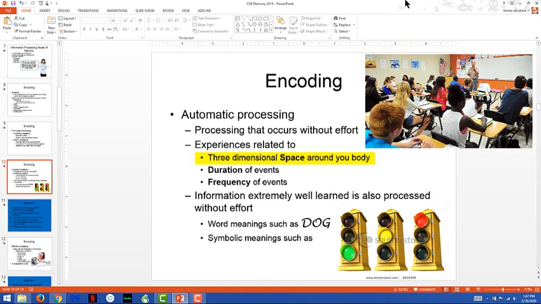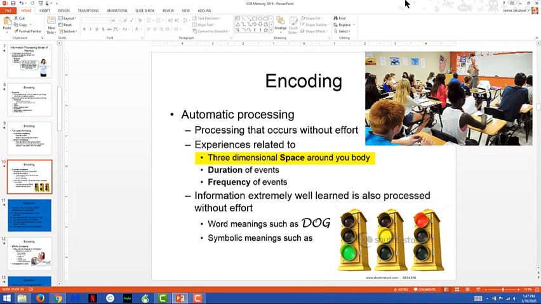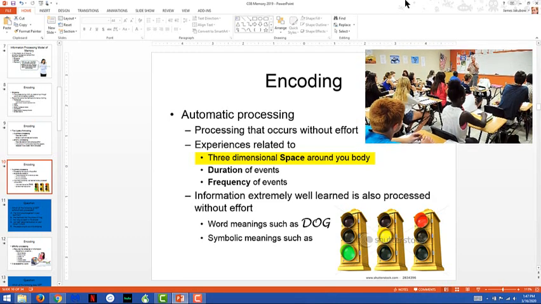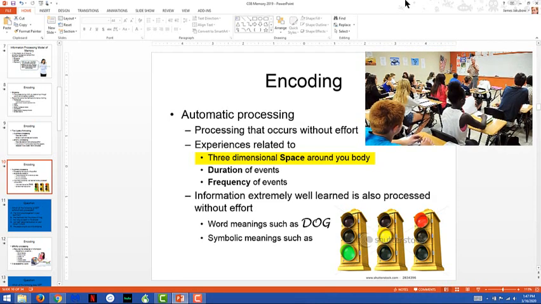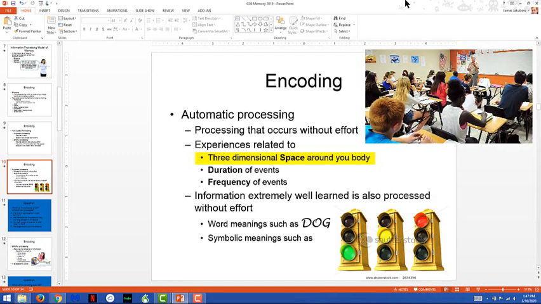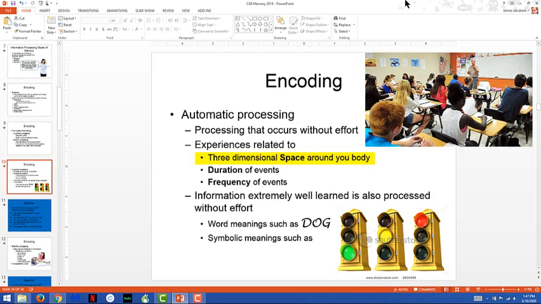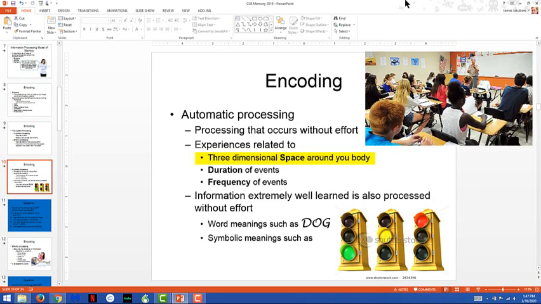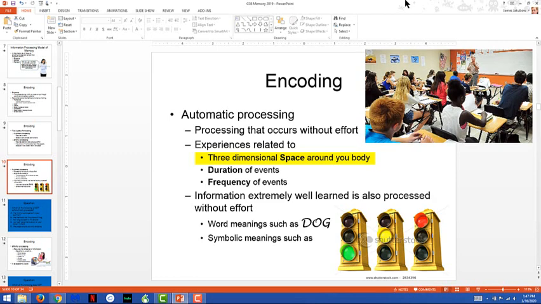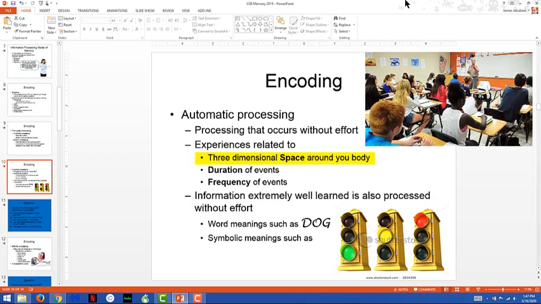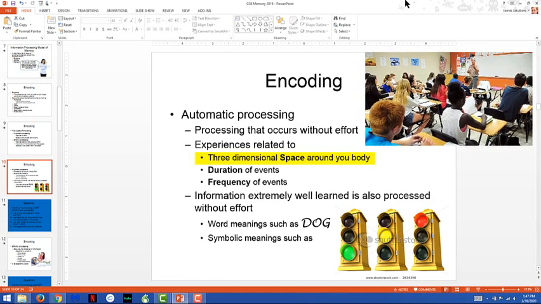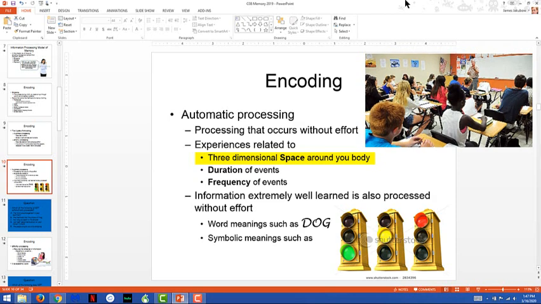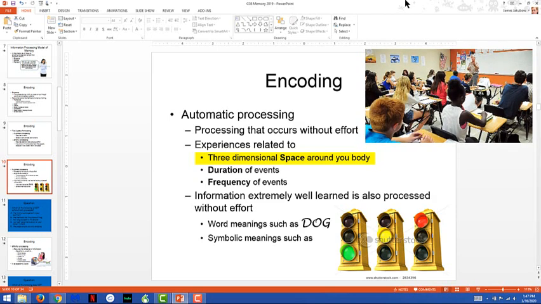And when you're exposed to the same thing over and over and over again, so for example, for the 9 months that you may have been in kindergarten, you will remember how the room was laid out because that same spatial stimulus was something that was presented to you over the course of 9 months. And not only was it formed as a long-term memory, but it was formed as a long-term memory over the course of 9 months, over and over and over again.